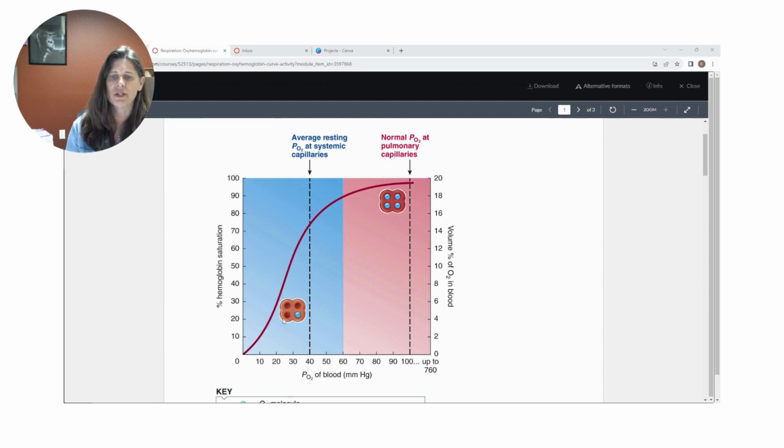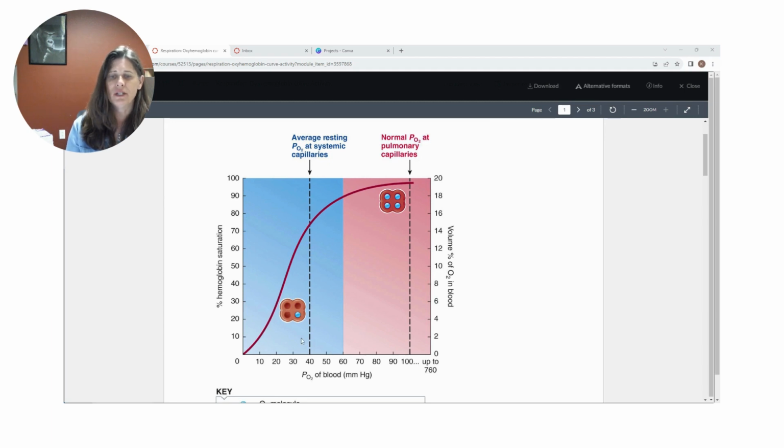Okay, and this picture is showing us just a stylized view of a partially saturated hemoglobin molecule. Again, the hemoglobin being inside of the red blood cells. So basically, here are some things to remember: in the arteries or at the arterial end of the capillaries, or around the lungs, the partial pressure of oxygen is high at 100 millimeters of mercury.